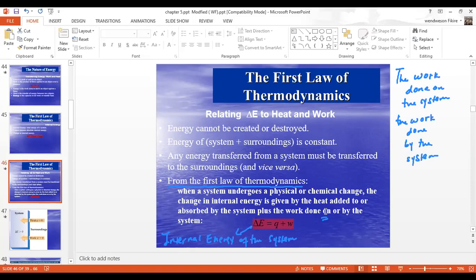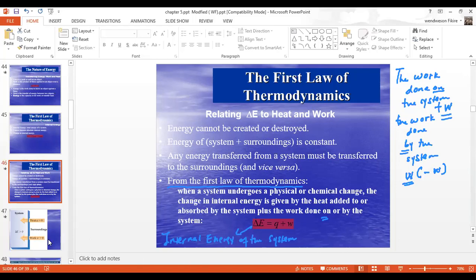So work done by the system, in that case, the work refers to W. The system is losing, so it's going to be minus W, work done by the system. Work done on the system, that means the system is gaining, so it's going to be plus W. So on the system and by the system, we have a significant value here.